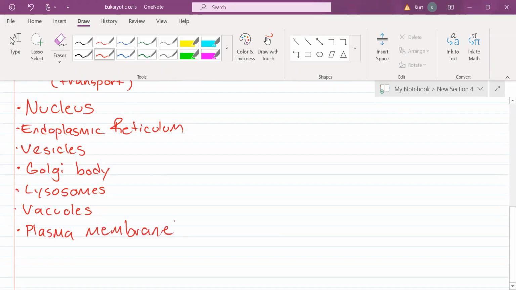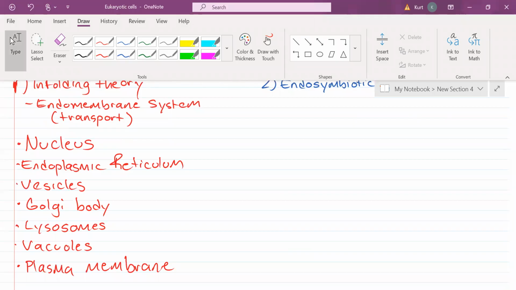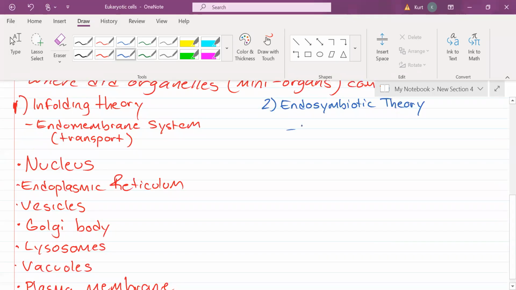That about covers it. Let me make sure. Nucleus, vesicle, ER, Golgi. Yep. Okay. Now the endosymbiotic theory is just about the power organelles. And that's mainly going to be the mitochondria and the chloroplast.